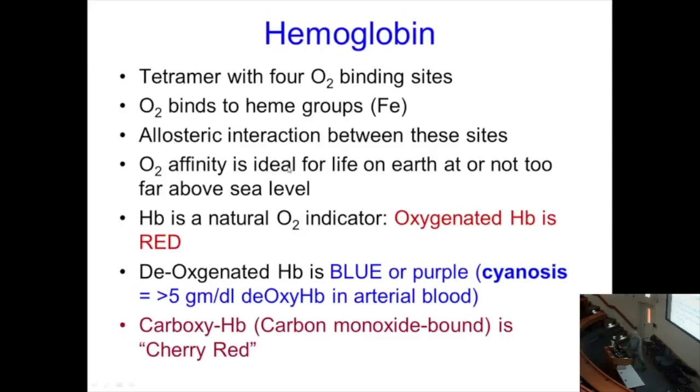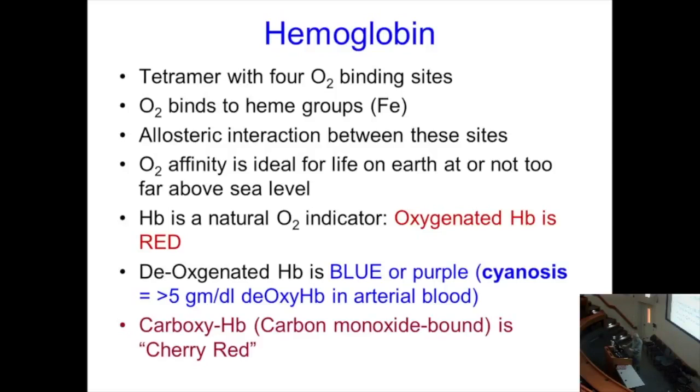Okay? Now, the oxygen affinity of hemoglobin turns out to be ideally suited for life on Earth, either at sea level or not too far above sea level. If you lived high up in the Himalaya mountains, you might find that you would rather have a slightly different form of hemoglobin.